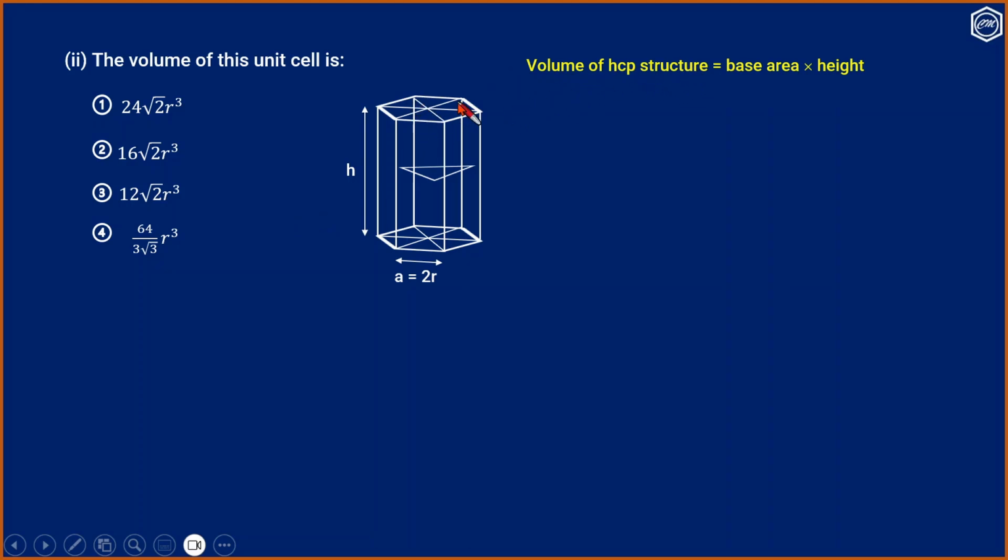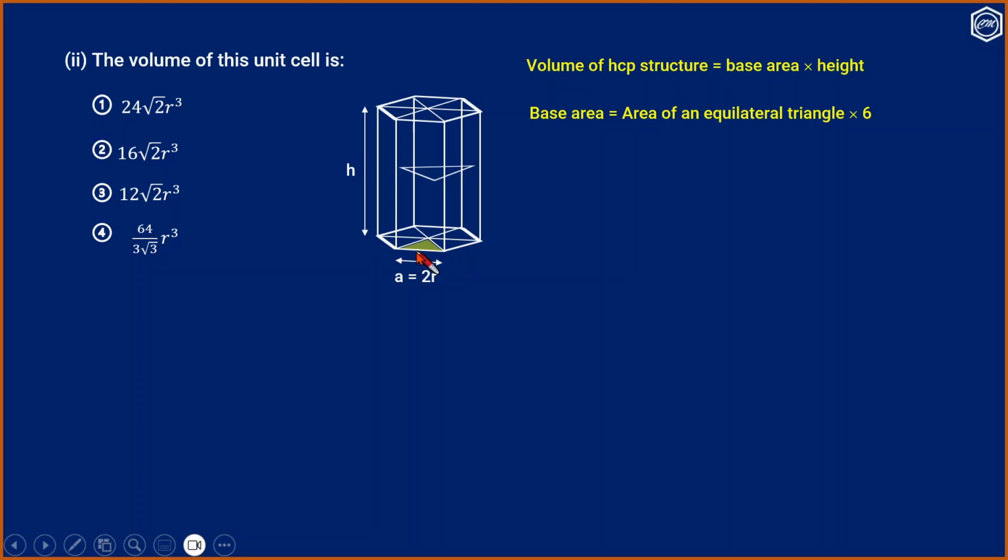The volume will be base area into height, and for the base area there are 6 equilateral triangles, 1, 2, 3, 4, 5, 6. So this is one equilateral triangle, and if we multiply the area of an equilateral triangle by 6, you get the base area.